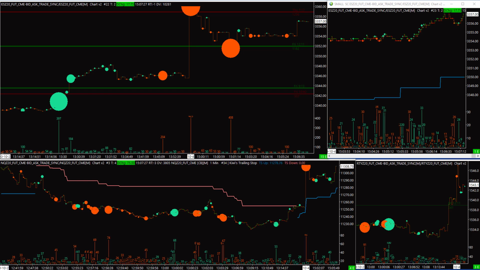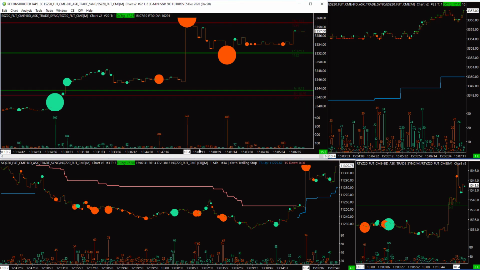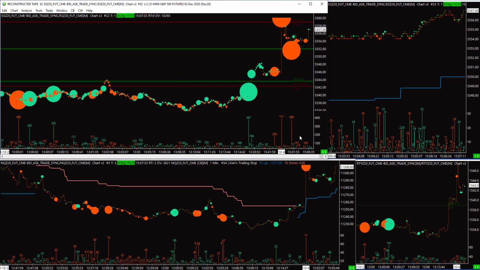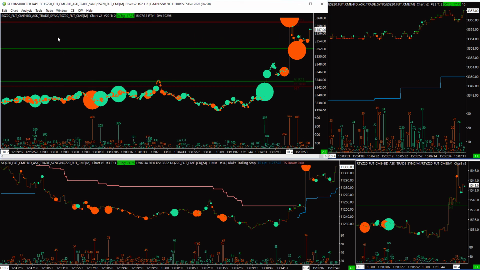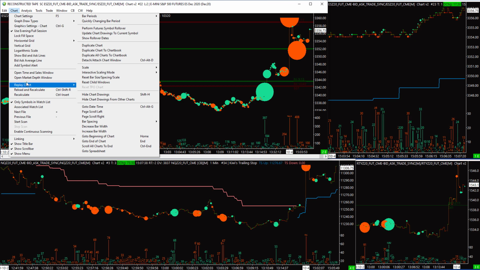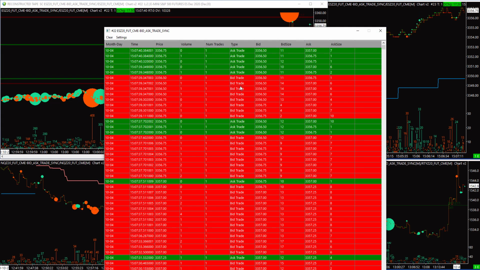What you're seeing right now, you cannot set up by yourself on Sierra Chart. You have to use a custom study. There's just no way to do it, right? Usually the regular tape looks something like this, and that's all you can get.